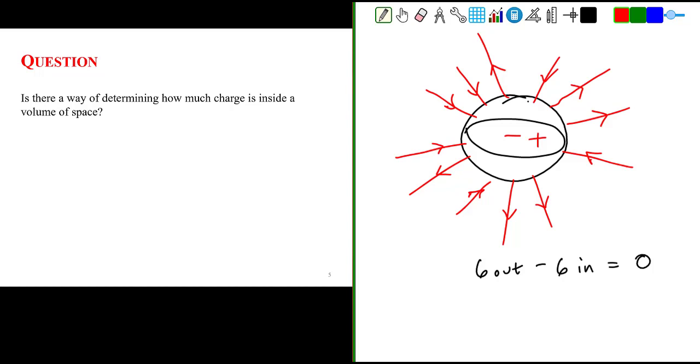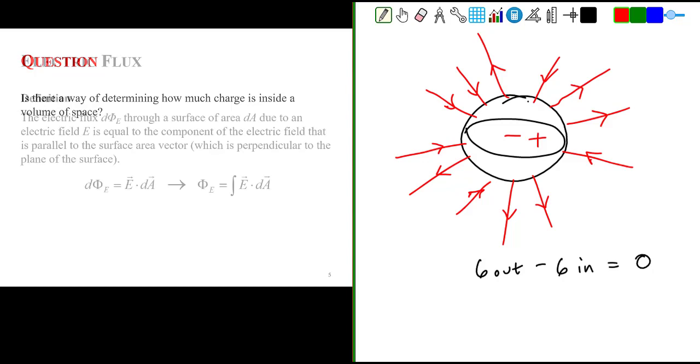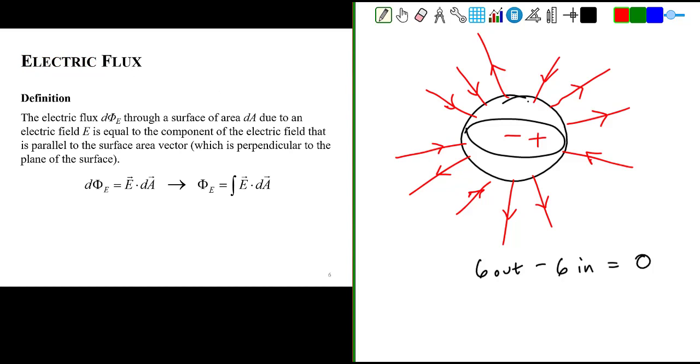Is there a way of determining how much charge is inside that volume of space? Well, before we answer that question, let's revisit our formula for electric flux.